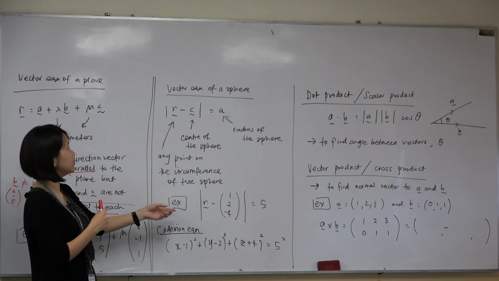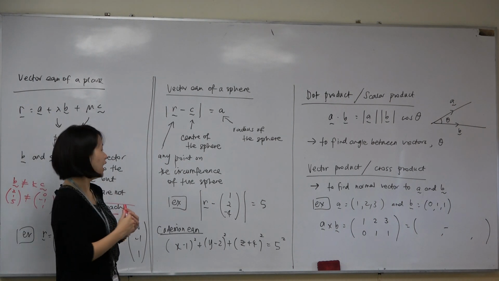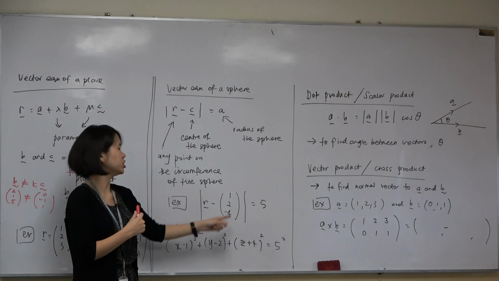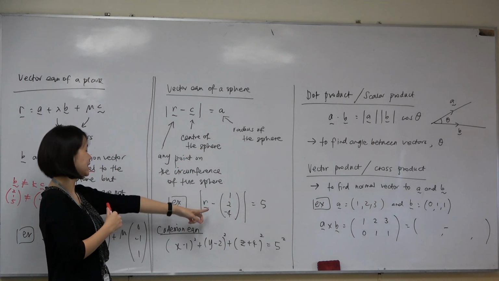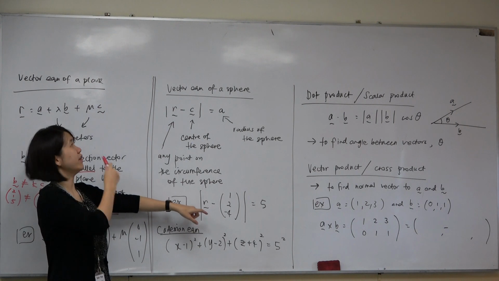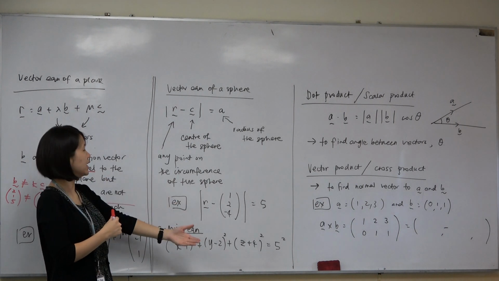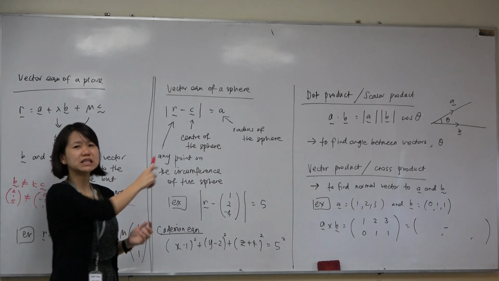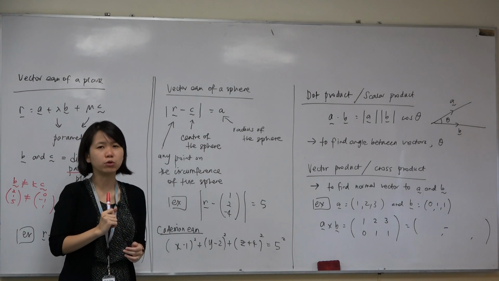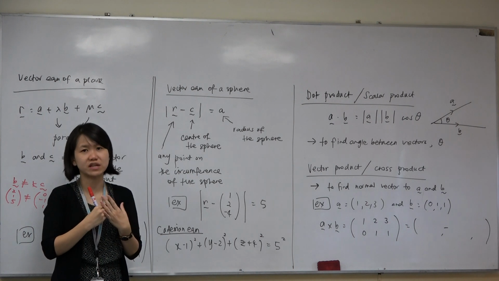So example given to you, let's just say the center of the sphere was 1, 2, negative 4. I'm going to just plug it here, and the radius of the sphere was 5. Hence, this is the equation that you have to write as the vector equation of a sphere. Now, how can I convert this into a Cartesian equation of a sphere? Again, this sphere has no parametric equation because there is no parameter in the vector equation.